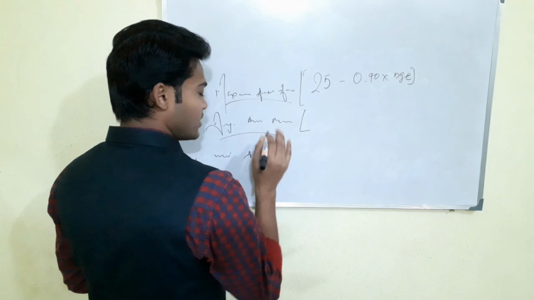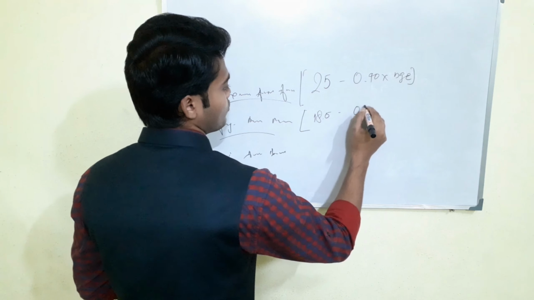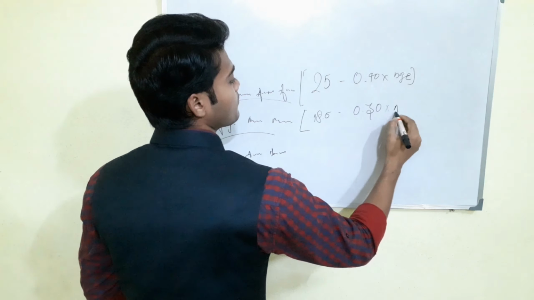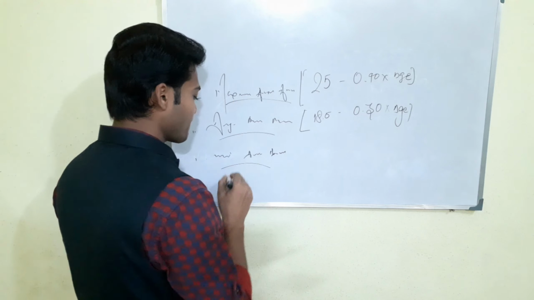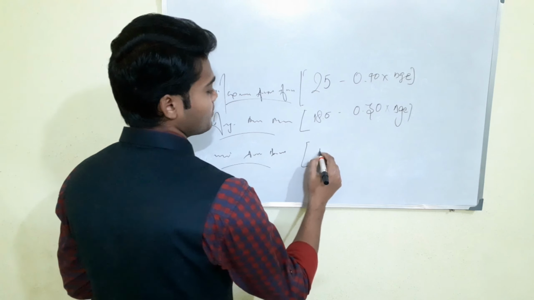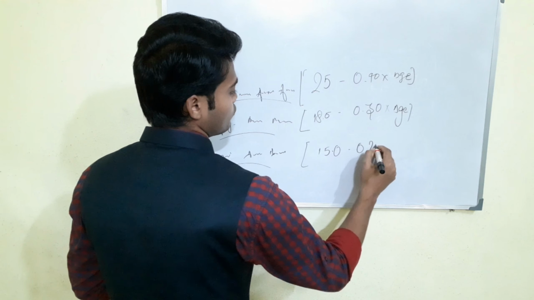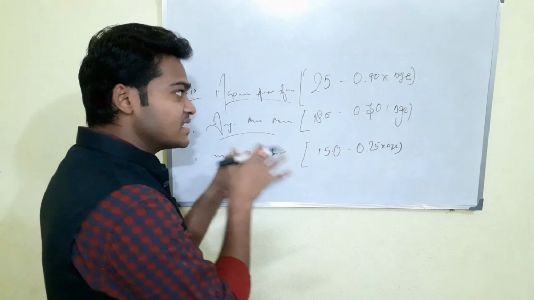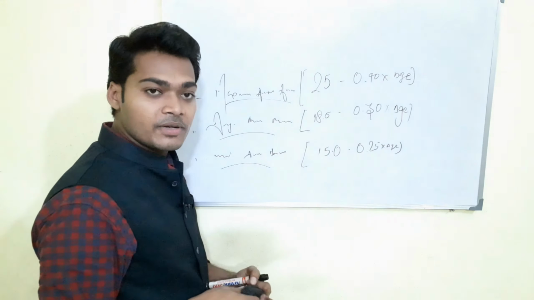For the average, we simply write 18.5 minus 0.30 into the patient age. And what about the minimum? Minimum is simply 15.25 into the patient age. So basically this is the formula we use to calculate the amplitude of accommodation.